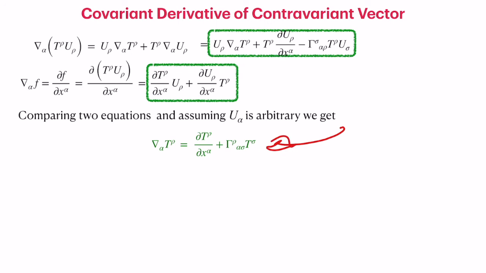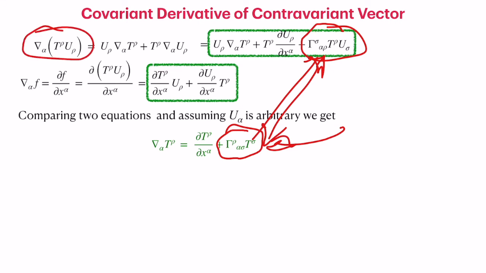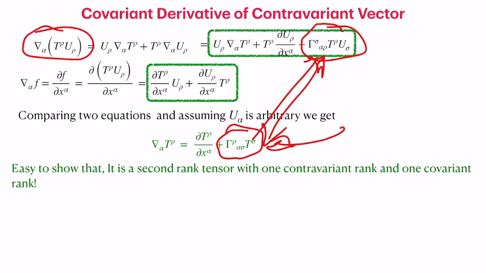Here it comes with a plus, there it comes with a negative, so these two cancel out and make the gradient a pure tensor. So again, this is a magical property that we see in the covariant derivative of both covariant and contravariant vectors.